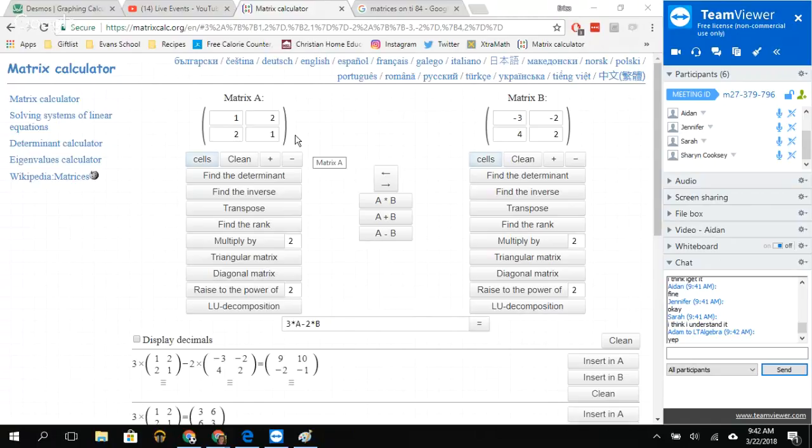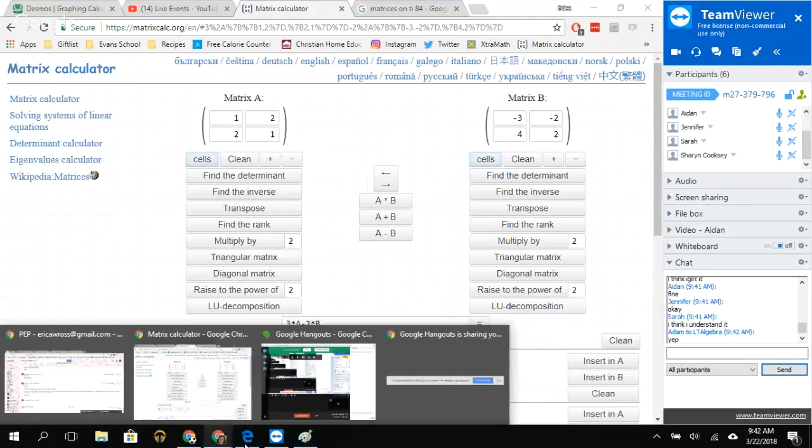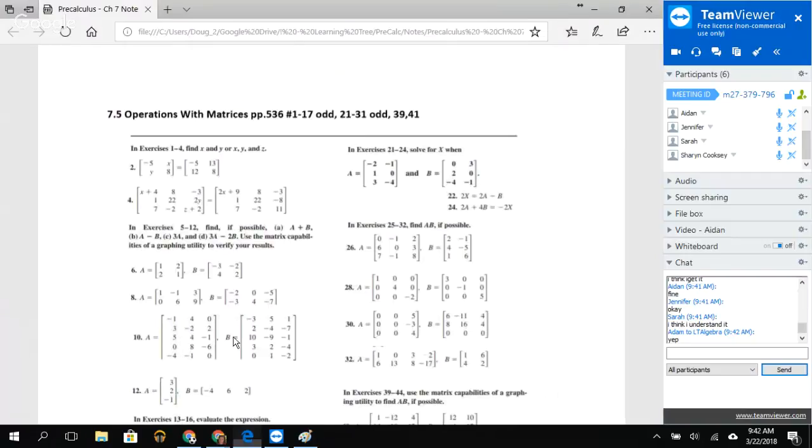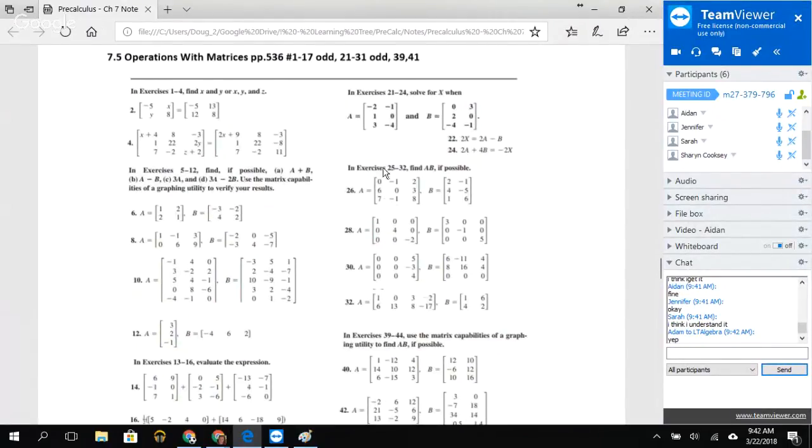All right, so then there's a few more examples, and I want to just do one in each example to go through that. And then honestly, we'll probably just wrap up with matrix addition and subtraction today. And then starting in your homework in number 25, 25 through 41, is where we actually multiply two matrices together.